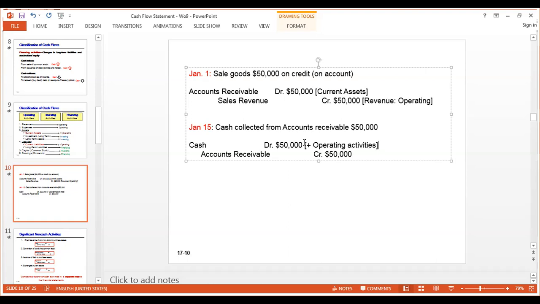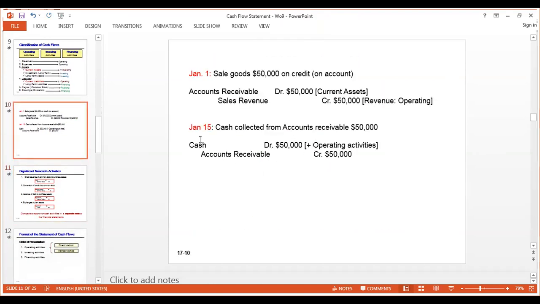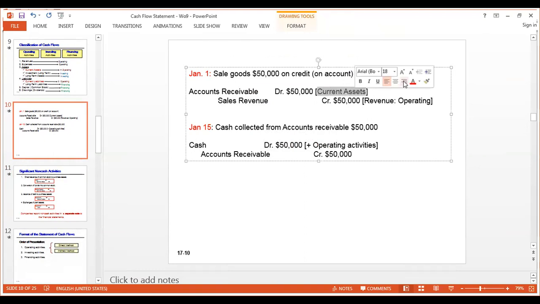Why is this cash going to operating activities? Because this cash is connected with accounts receivable, right? And this accounts receivable is connected indirectly with which one? Sales revenue. Do you understand? So accounts receivable is a current asset. Look at here. We receive cash from accounts receivable.